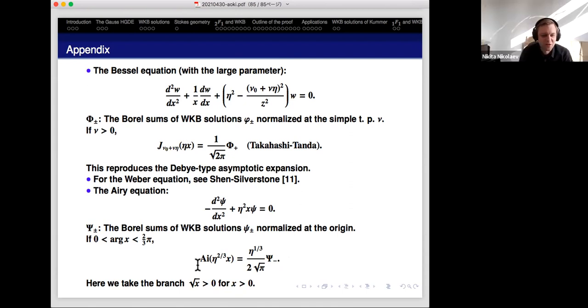Yes, so actually Andrei Voros just wrote in the chat, kind of continuing my question, something I had in mind as well: Mathieu and Lamé. Of course, it is an interesting problem, but it is related to Heun's equation, and we have no result concerning Heun's equation.